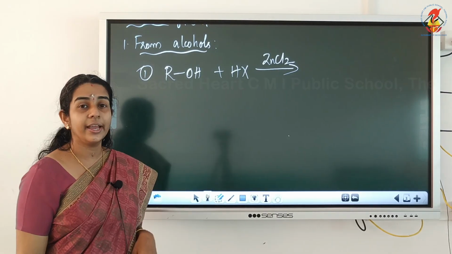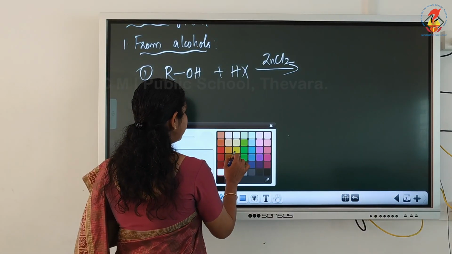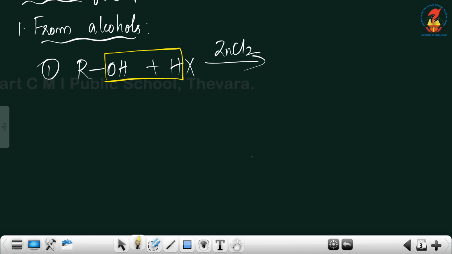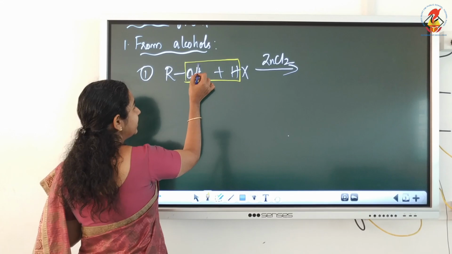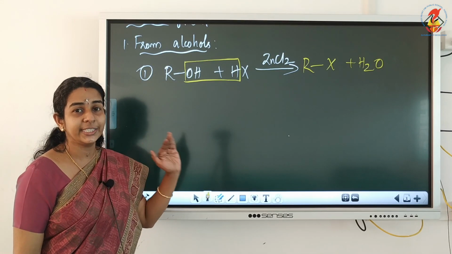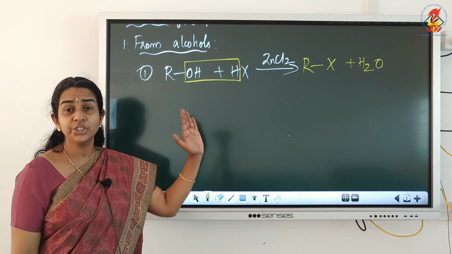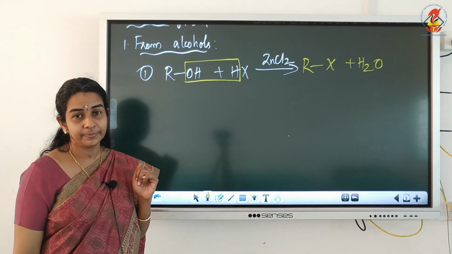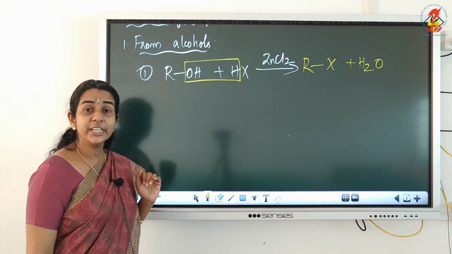So alcohols on reaction with HX in presence of zinc chloride catalyst: OH will be eliminated as water and X will come here. The product is RX plus H2O. ROH will become RX, that means OH is replaced by X.